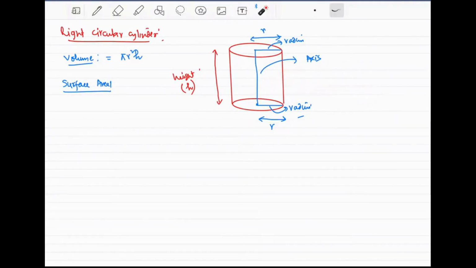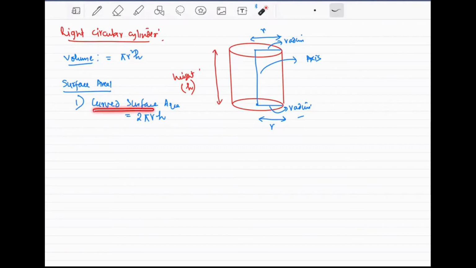So when we come to the surface area of a right circular cylinder, we will have two types. First one is curved surface area. This curved surface area will be given by twice pi r h. So r indicates the radius and h indicates the height of the cylinder, right?